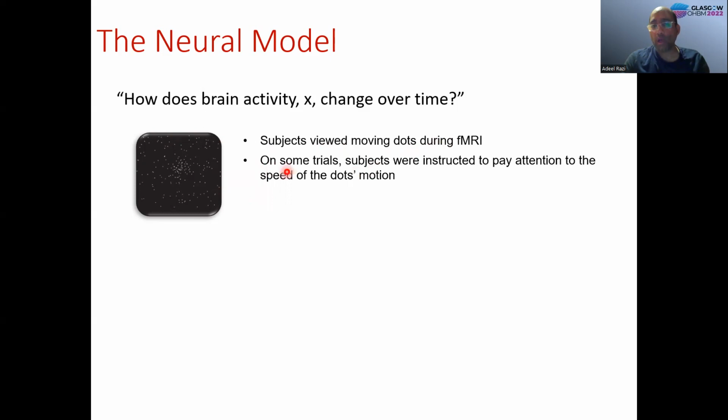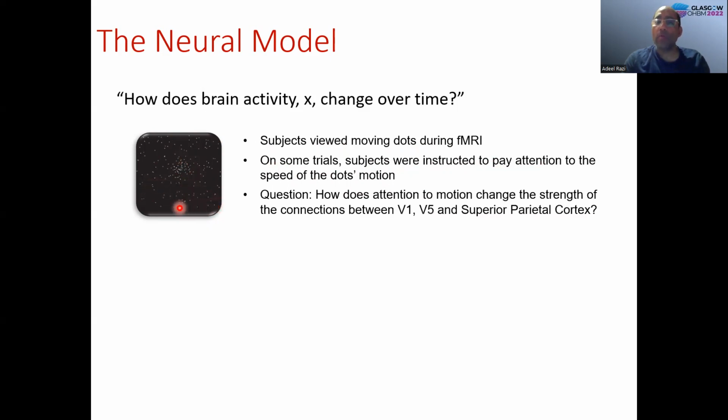On some trials, the subjects were instructed to pay attention to the speed of the dots' motion. Our research question is how this attention to motion changes the strength of connectivity between different brain regions, for example V1, V5, and superior parietal cortex.